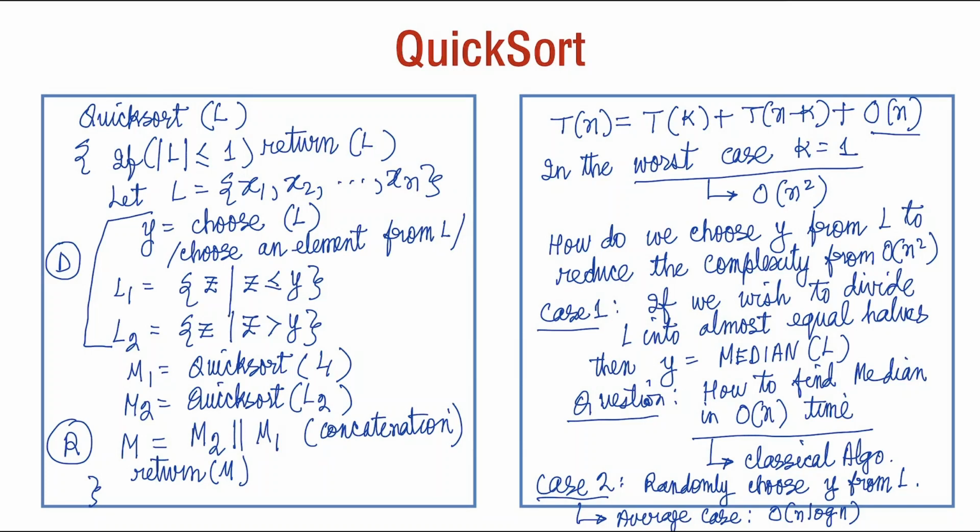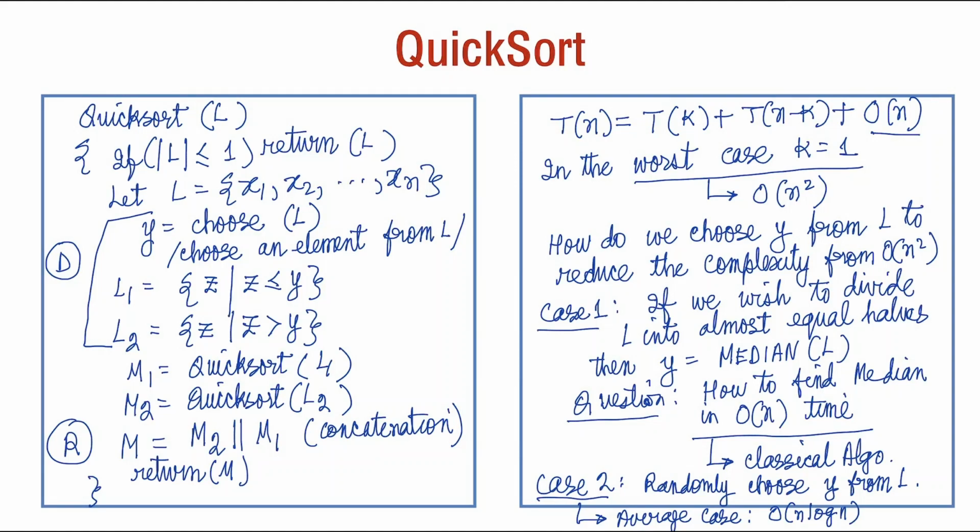The other option is to choose Y from L randomly. There we no longer use a worst case analysis, but an average case analysis of the recurrence, and based on that we can show the expected complexity will be order n log n.